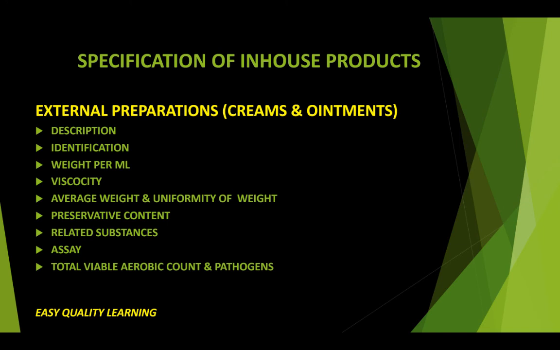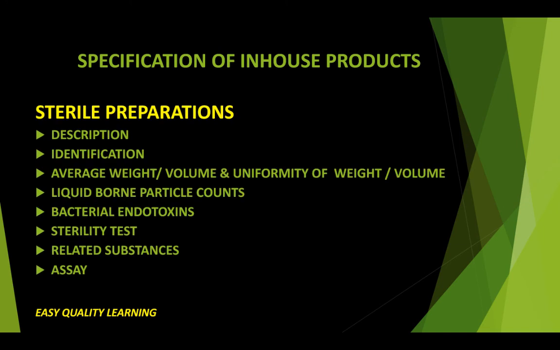So this can be the part of a specification. Till this screen we have discussed only non-sterile dosage forms. Now we are talking of sterile dosage forms. When we are talking of sterile dosage forms, then what can be the tests which can be part of a specification?